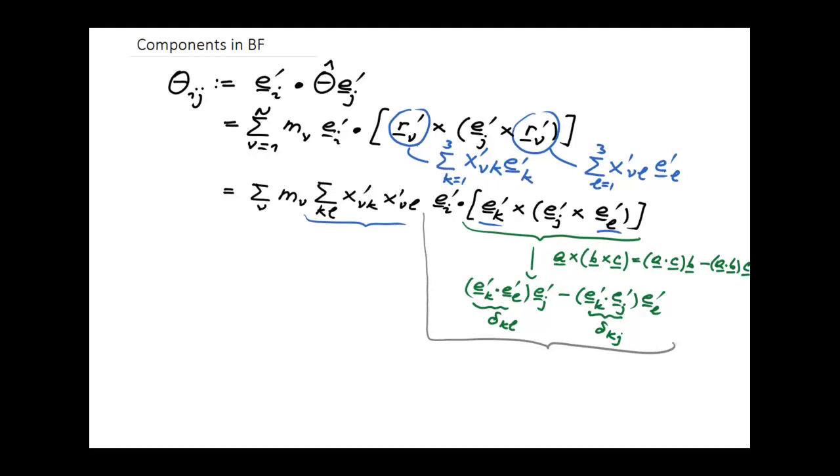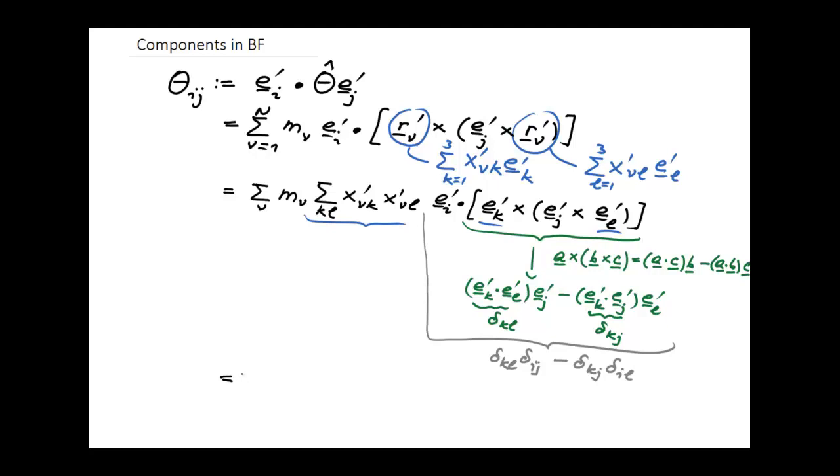If we do that term by term, in the first term we get a scalar product e_i primed with e_j primed, and this gives another Kronecker delta. So we have then delta kl, delta ij. And for the second term, we get a scalar product e_i primed with e_l primed. It gives another Kronecker delta. So this is delta kj, delta il.